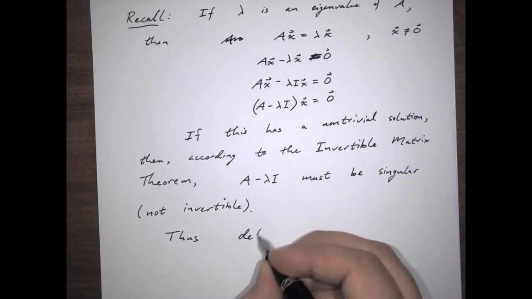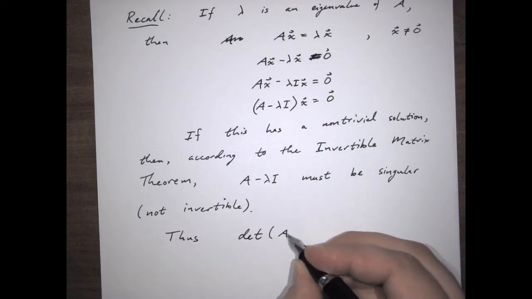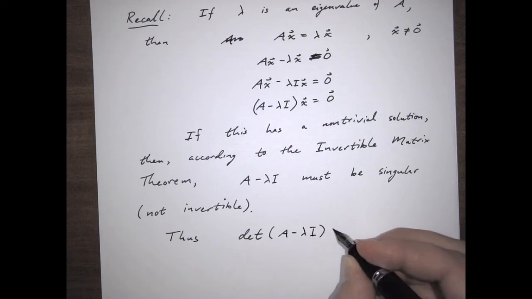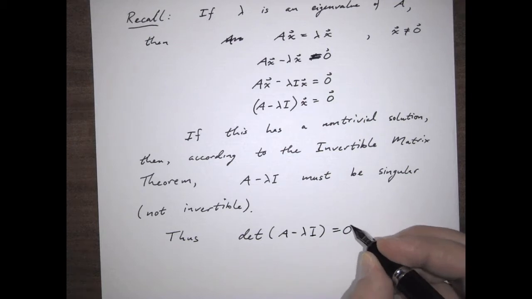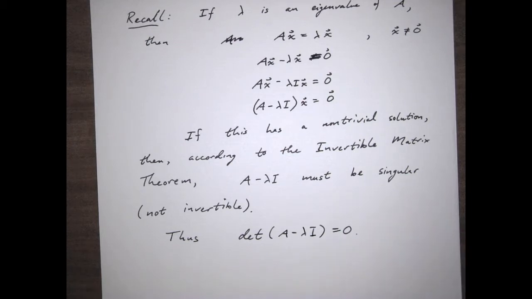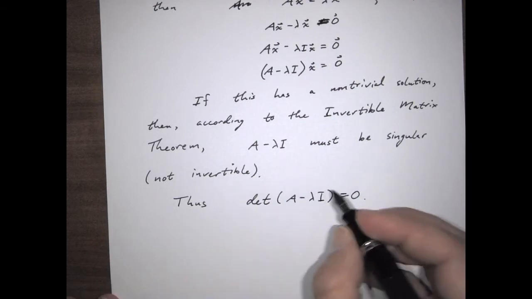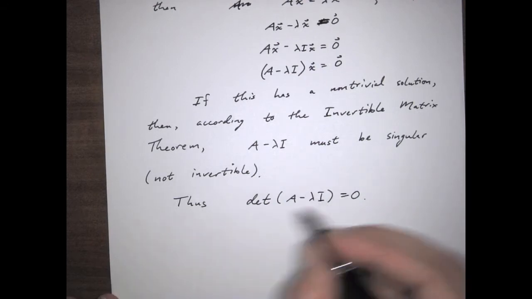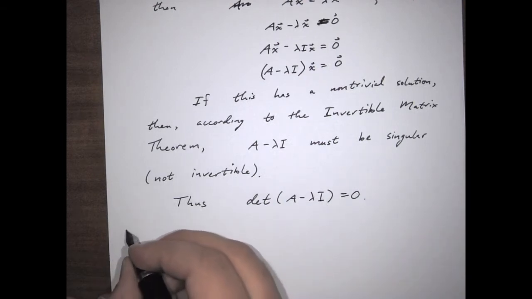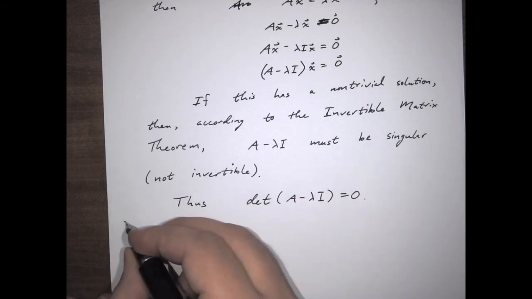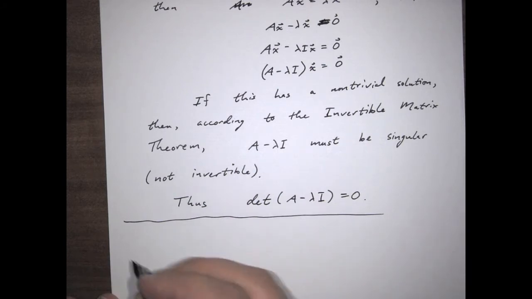Thus, the determinant of A minus lambda I equals 0. And now that's the 0 number. So this is called the characteristic equation for A, and then just the determinant itself is called the characteristic polynomial.